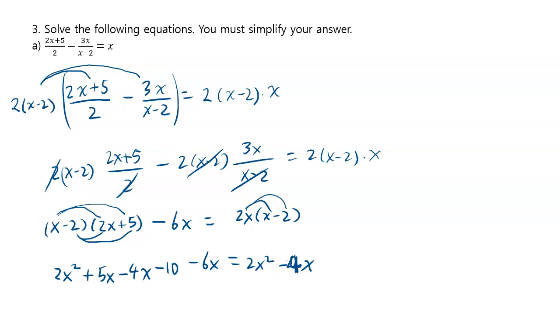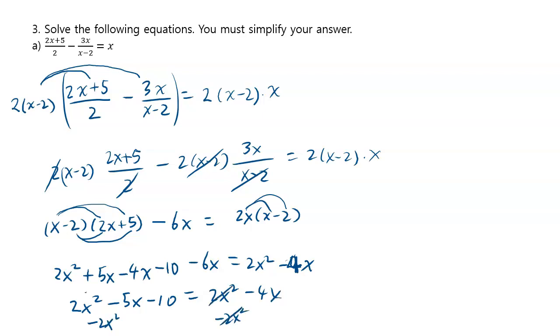Combine like terms. 5 minus 4 is 1. Minus 6, that'll be negative 5. So you're going to get 2x squared minus 5x minus 10 here equals 2x squared minus 4x. And then I can subtract 2x squared both sides because they're the same thing, right?